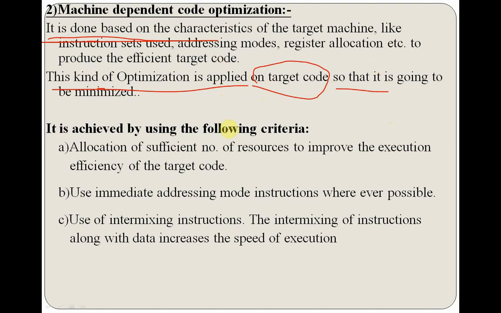Next, the criteria for how we can achieve this, a few points are given. First one, allocation of a sufficient number of resources to improve the execution efficiency of the target code. So the target code efficiency can be improved by allocating a sufficient number of resources. Second one, the use of immediate addressing mode instructions wherever possible.